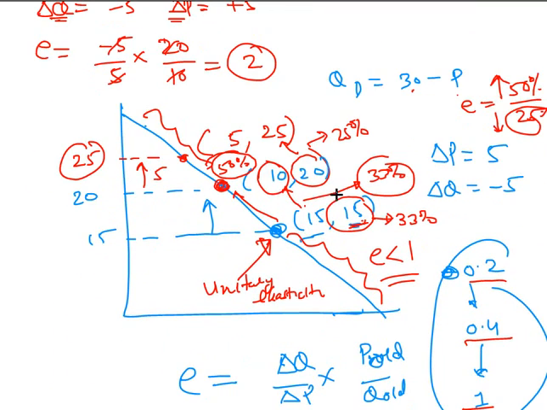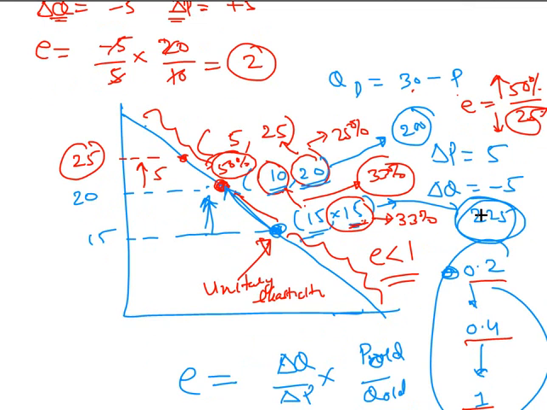Now think about it. 15 into 15 was here, we were selling, $225 was the revenue. But if from here you again increase the price from 15 to 20, what will happen? 20 is the price, 10 is the quantity, so your revenue has become 200. So from 225 it has become 200, and if you go further it has become 125.